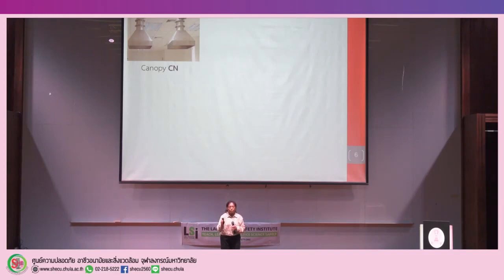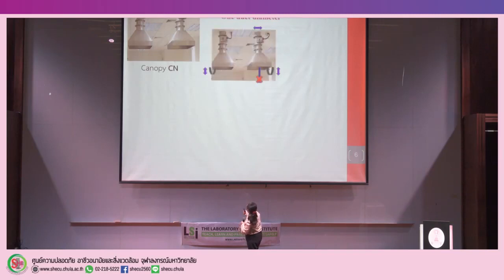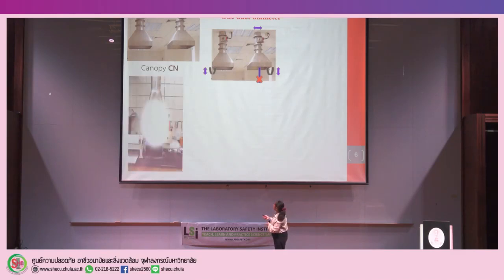The canopy is used for hot air. So you put it above the oven, above the furnace, above the burning part, like this. It's going to come down like this. Nothing in the air at all, and it's going to come down with one diameter.